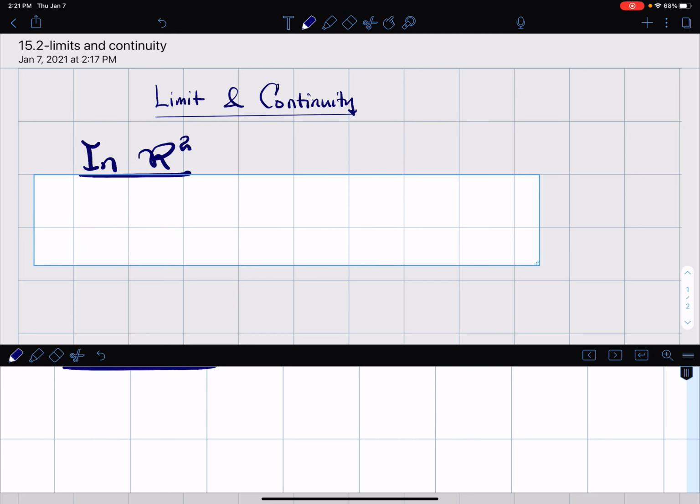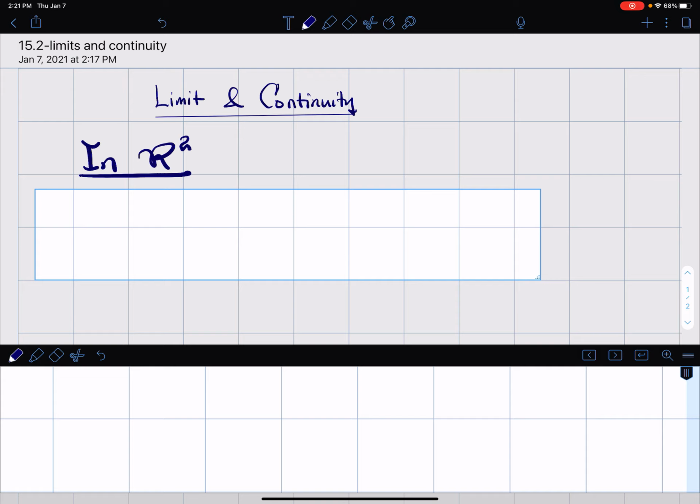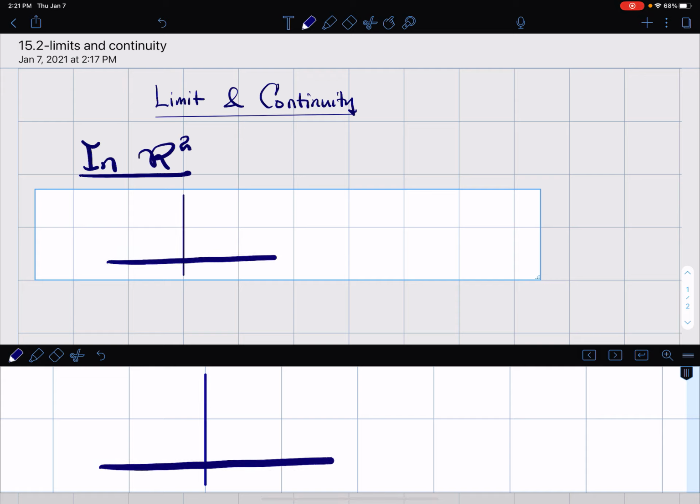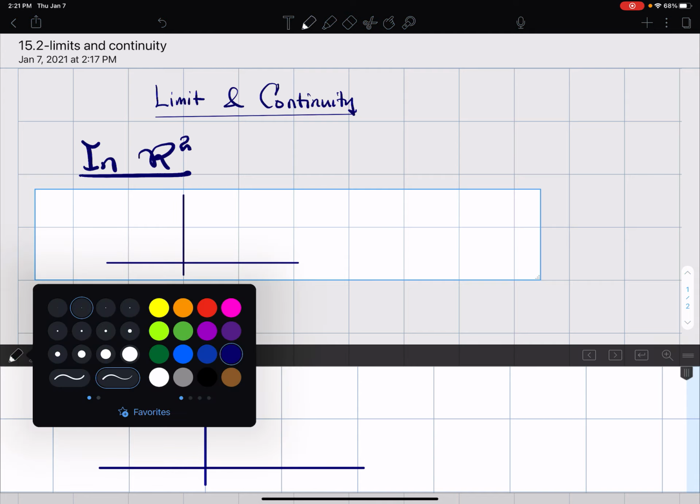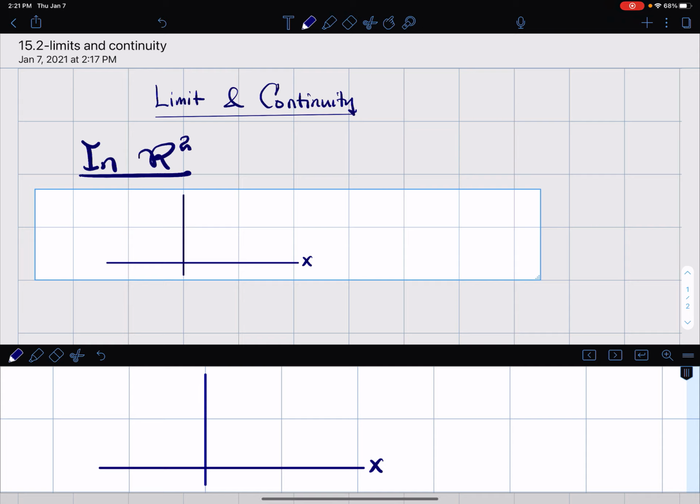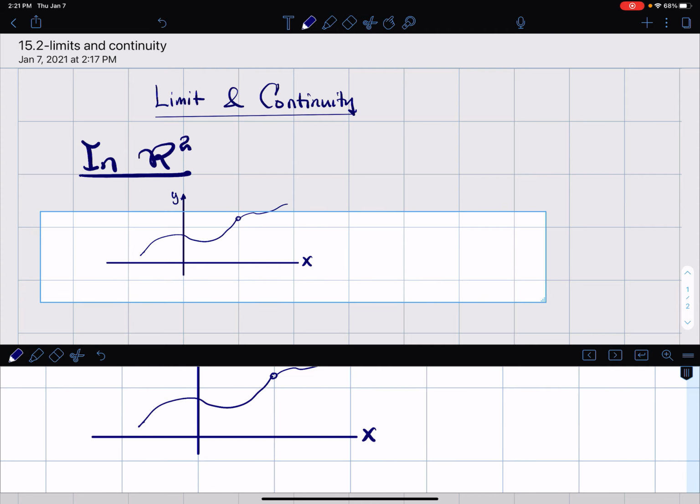So if we have a function, we'll sketch the function. All right. X-axis, y-axis. And let's assume we have, all right, and this is x naught over here.